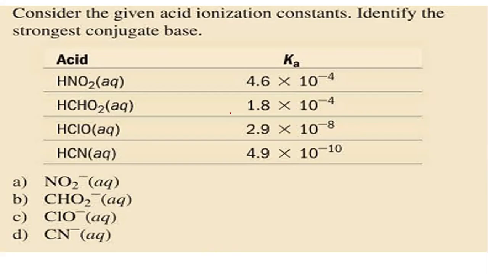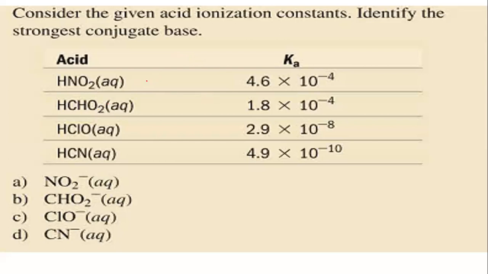If you have a very strong acid, the conjugate base will be very weak, right? Now, if you have a weak acid, its conjugate base will be very strong. If you have a strong acid, its conjugate base will be very weak. So the strength of the acid is inversely proportional to that of the conjugate base.